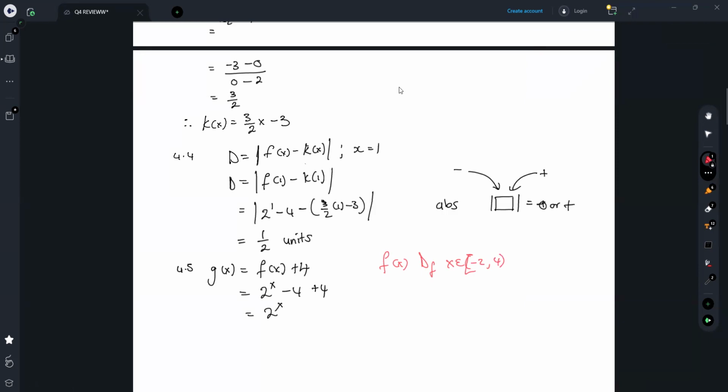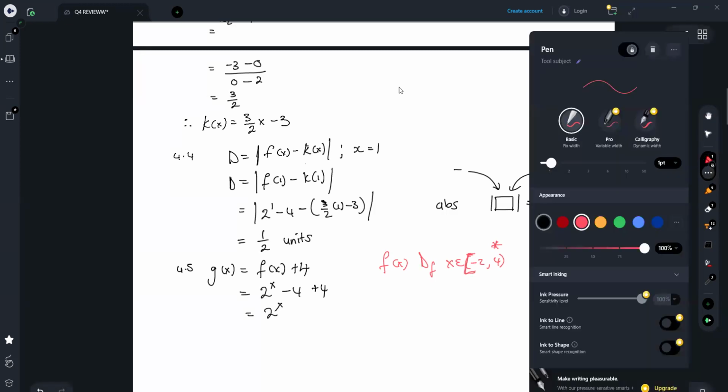So this means that g of x is going to observe the same restrictions. G of x must observe the same restrictions, because we know that f of x only exists in this given domain here. So it means that g of x will also exist there. Okay, so we're going to keep that in mind.